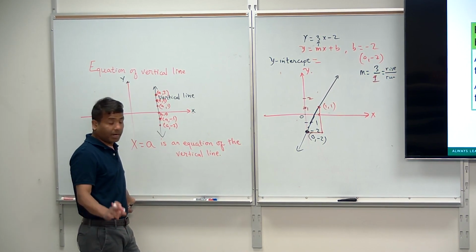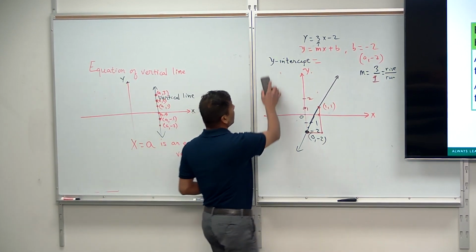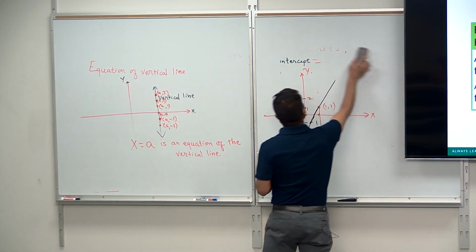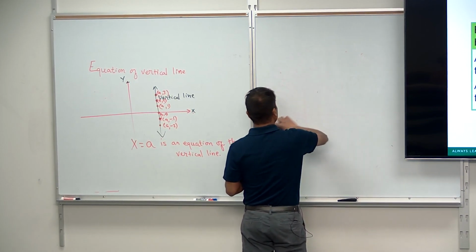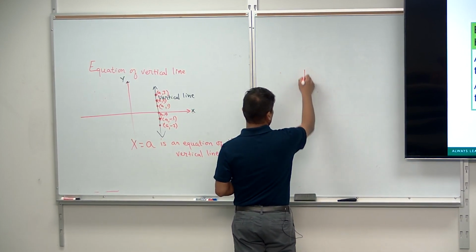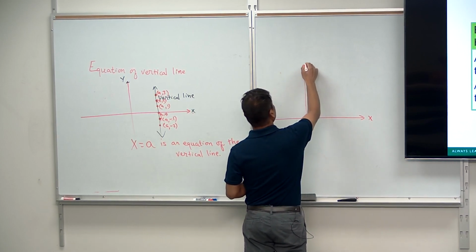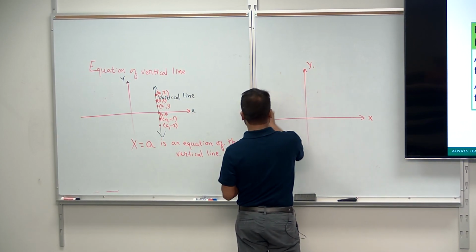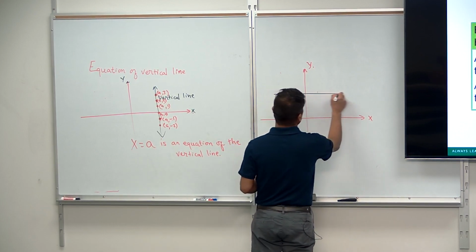Good? Now, if you want to find the equation of a horizontal line, let's say you have this x-axis and this y-axis, and you have a horizontal line like this.